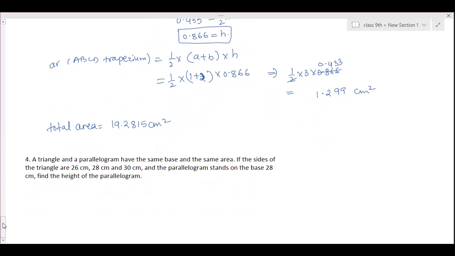Ma'am, is the area of the triangle 112? Not getting your voice properly. It is 336.